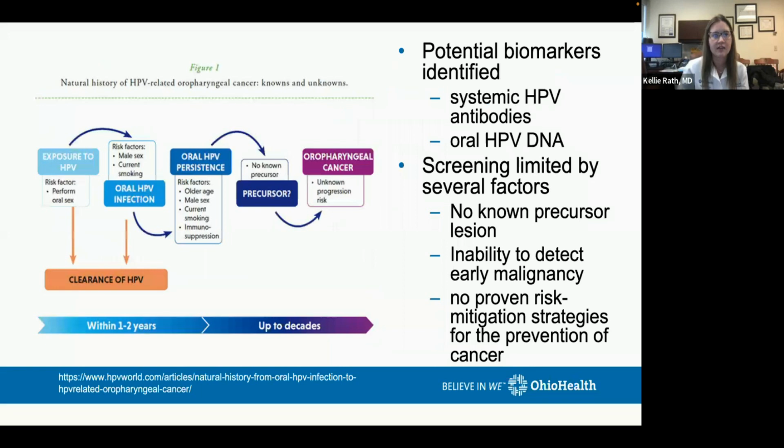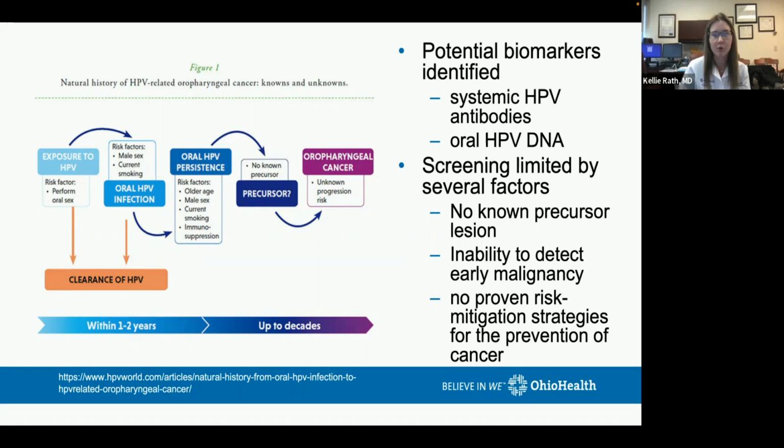We know that there are some knowns about the natural history of head and neck cancer, and there are some unknowns. We know that there is an exposure to HPV, a risk factor being oral sex. We know that there is oral HPV infection, more common in men or current smokers.